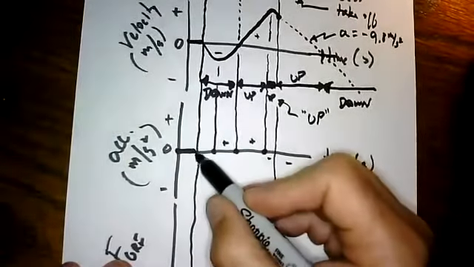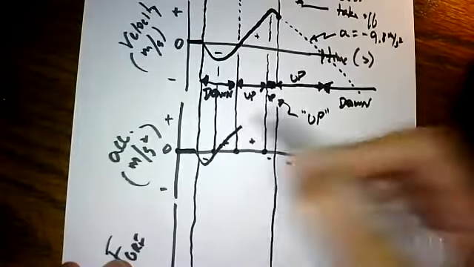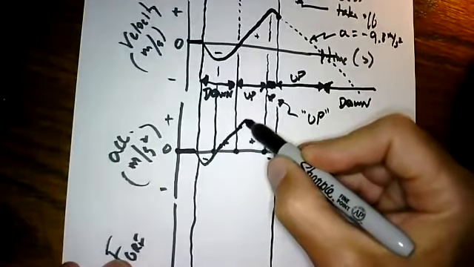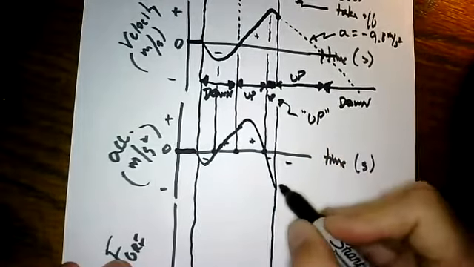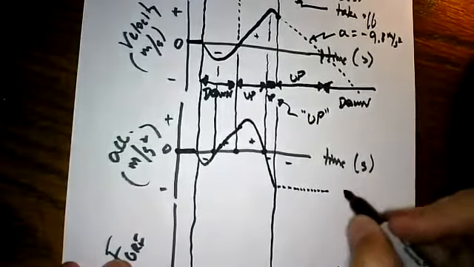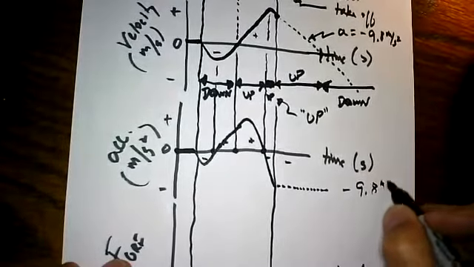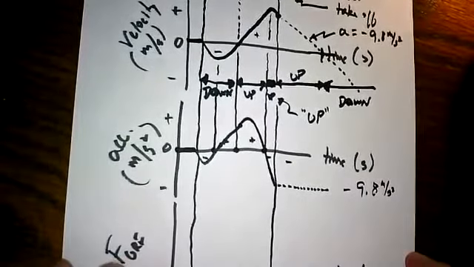All right, so now I'm going to draw out my acceleration plot. It's going to look like this. The dotted line being acceleration, negative 9.8 meters per second squared, because the force of gravity is the only force acting on the object.